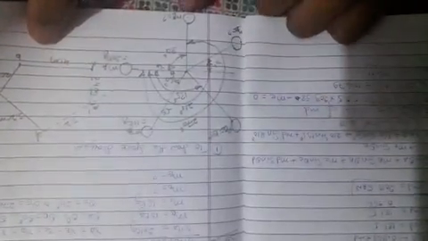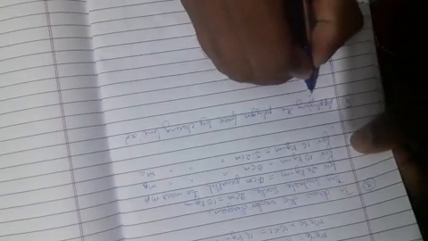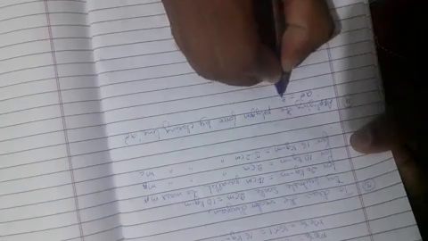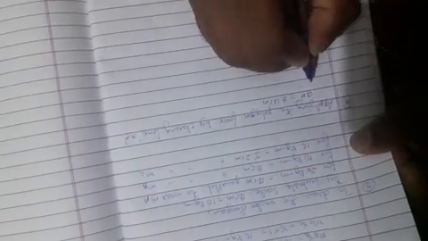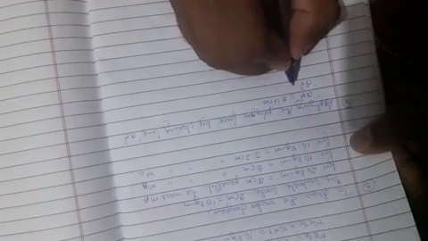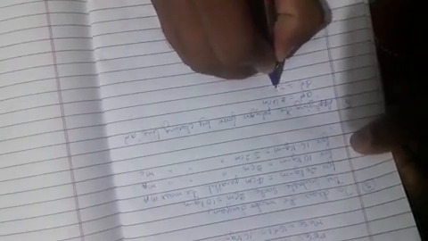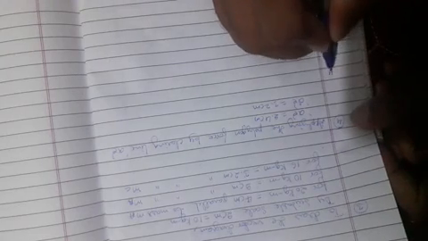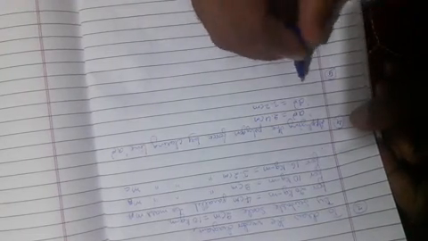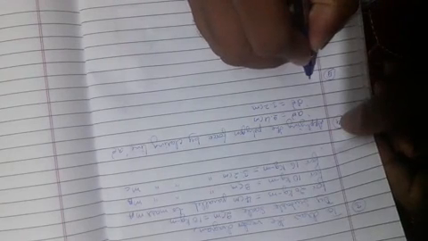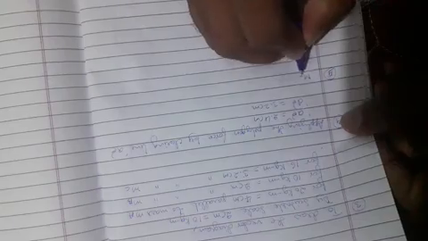So it is required to calculate the masses D and E. So the AE line is 2.4 centimeter and the DE line is 3.2 centimeter. So we are going to calculate the balancing mass, that is MD.